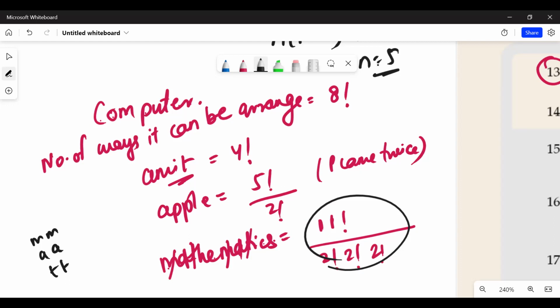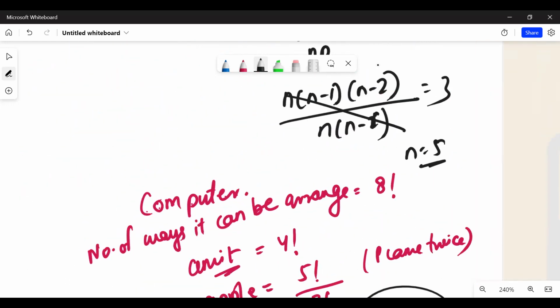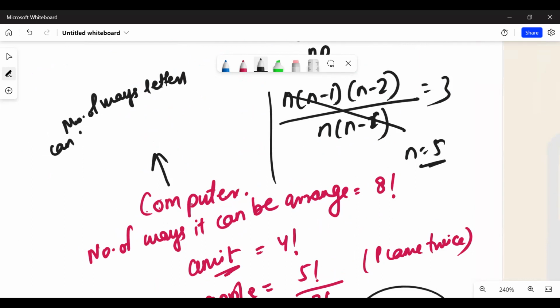So there's a word called arrange. There's another word called rearrange. Same thing if I say computer, the number of ways the letters can we rearrange. Whenever they say rearrange, that would be minus 1.